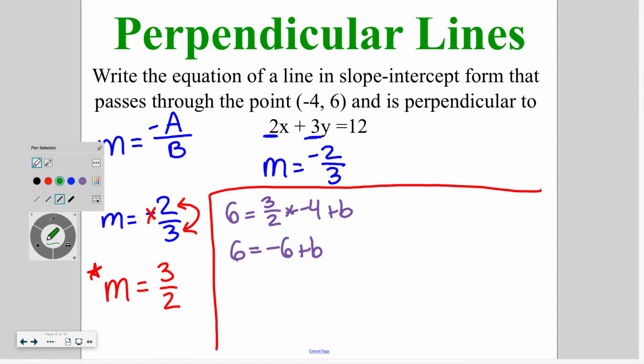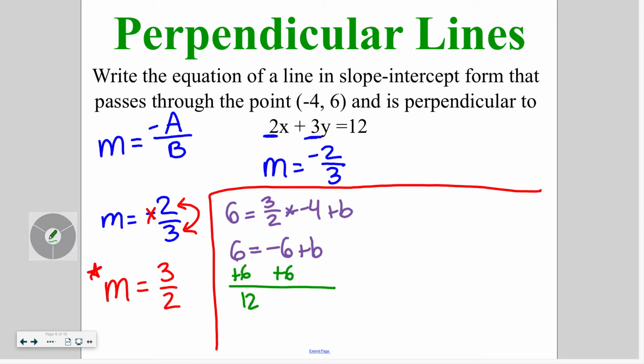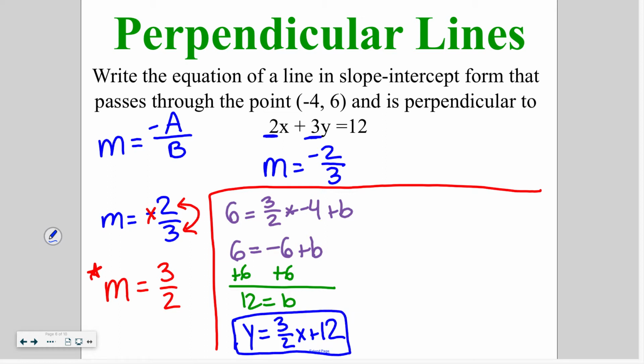When I finish solving that, I add 6 to both sides, getting an answer of 12 is equal to b, for a final equation of y is equal to 3/2 x plus 12. So that's our first option using the slope-intercept form of the equation.